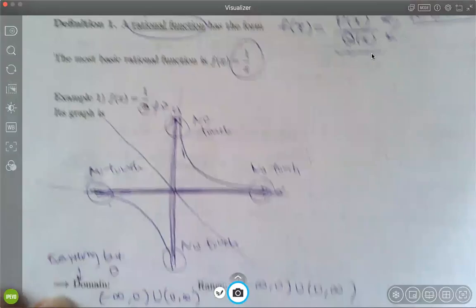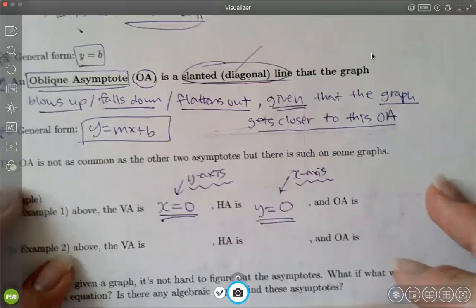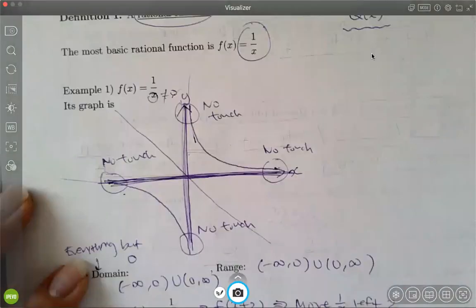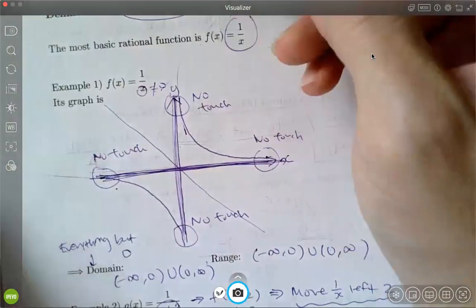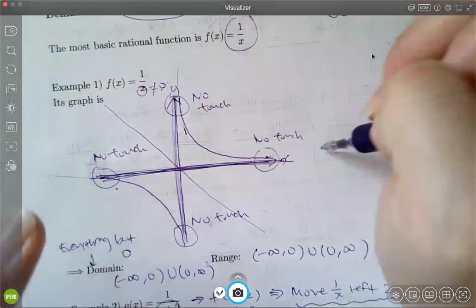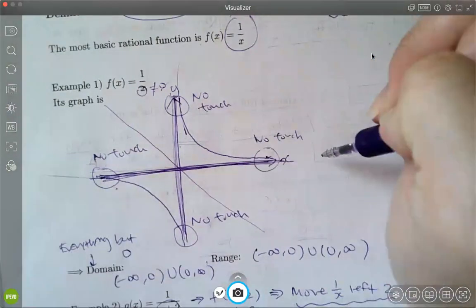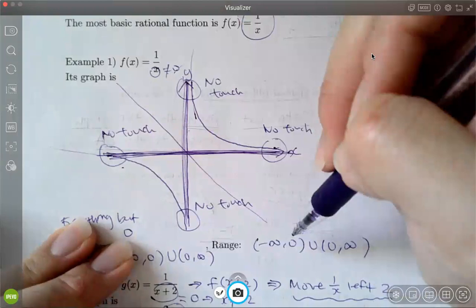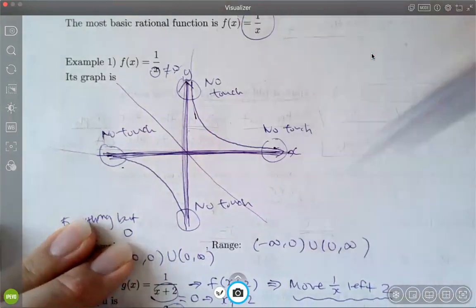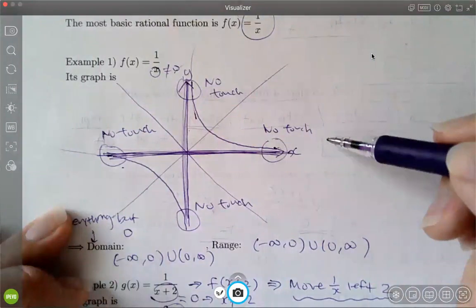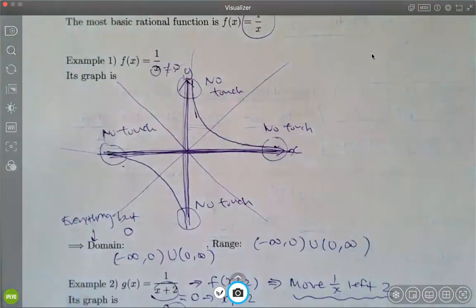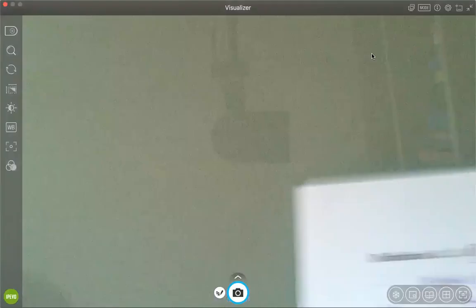Is the graph getting closer to the line or is it moving away from it? It's moving away from it, right? Same thing for this portion. The graph never gets closer to this line. So what does that mean? There's no oblique asymptote. The graph is once again blowing up, but it's moving away from it. So for the OA, there isn't one.